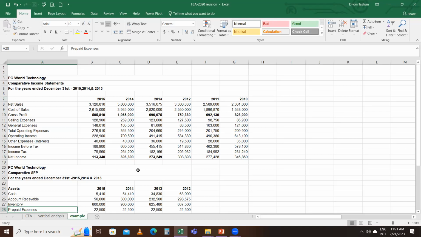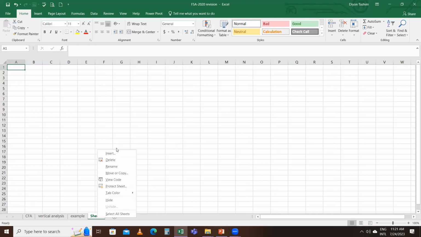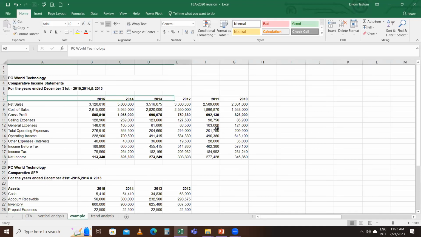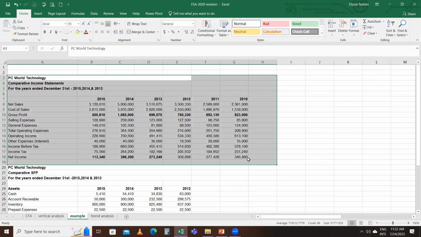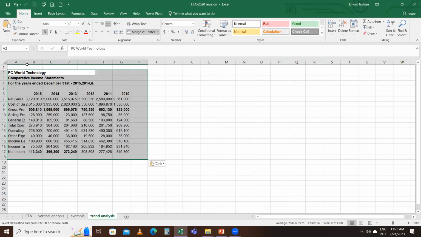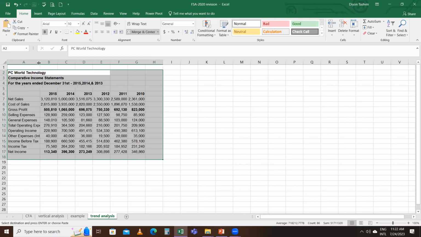So first, I'm going to prepare the trend analysis, right? In the trend, first I'm going to copy this whole data. If you are going to calculate the trend, in the paper it should be mentioned a base year.